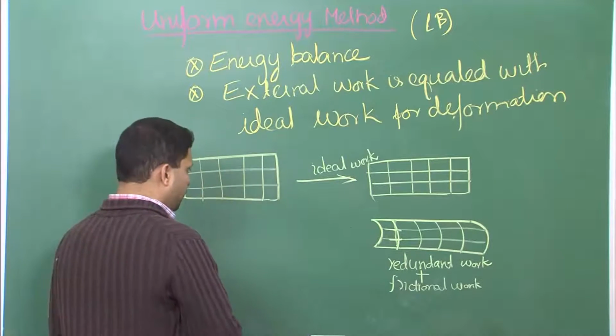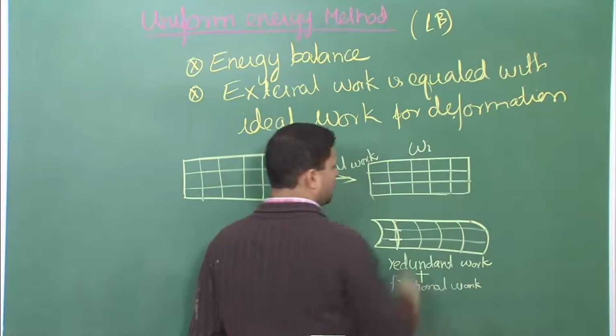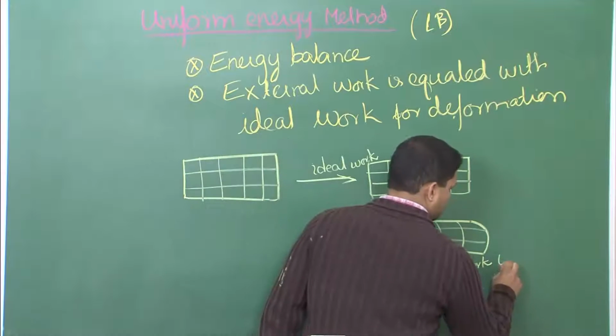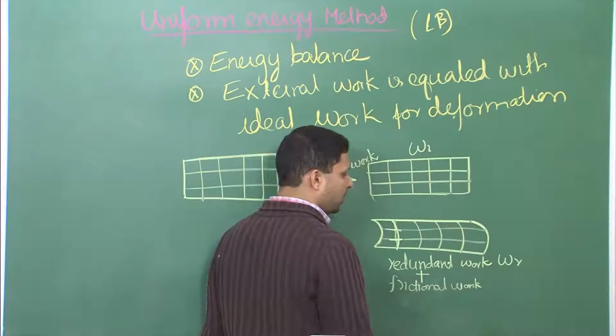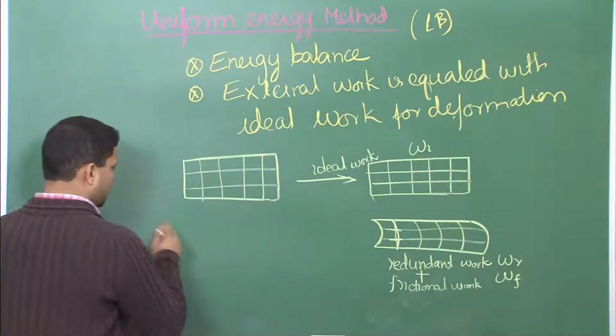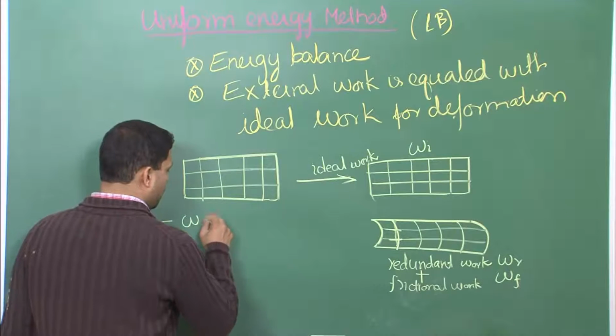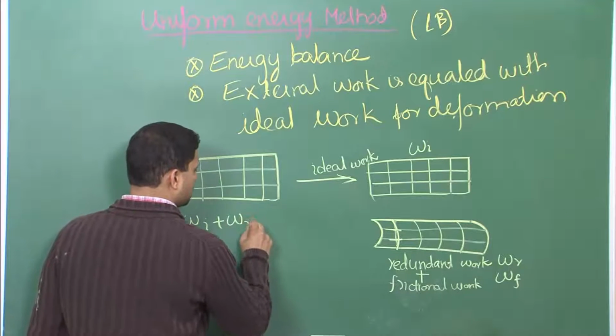So, if you were to put it, this is your Wi, which is ideal work, this is Wr, redundant work, and this is Wf, frictional work, and the actual work is the sum of all these three.